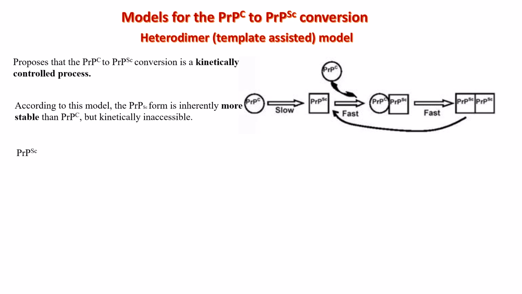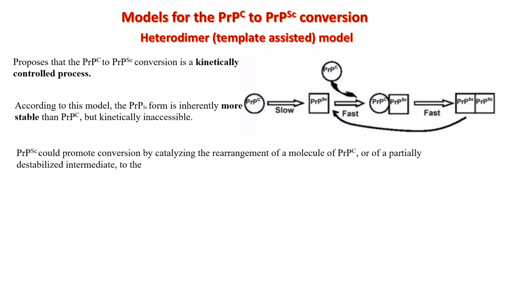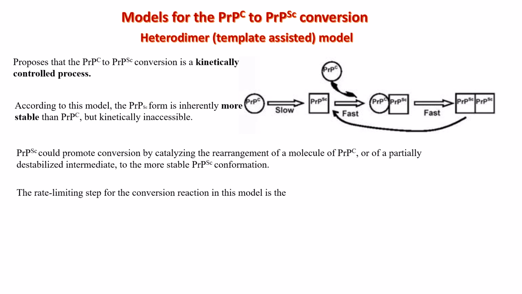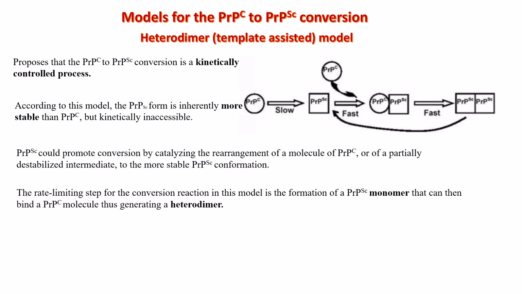In this case, PRP-SC could promote conversion by catalyzing the rearrangement of a molecule of PRP-C or of a partially destabilized intermediate to the more stable PRP-SC conformation. The rate-limiting step for the conversion reaction in this model is the formation of a PRP-SC monomer that can then bind to a PRP-C molecule, thus generating a heterodimer.